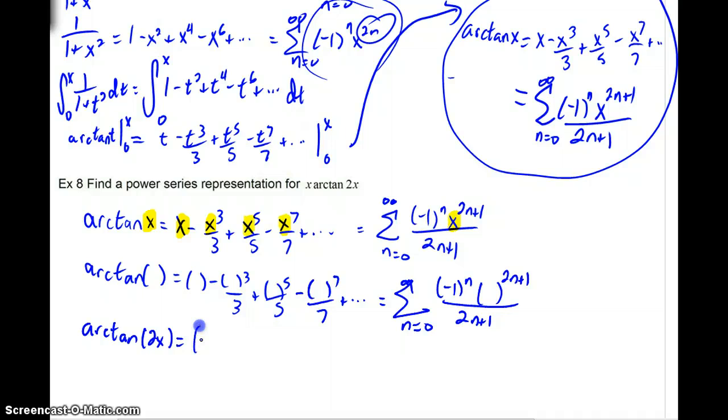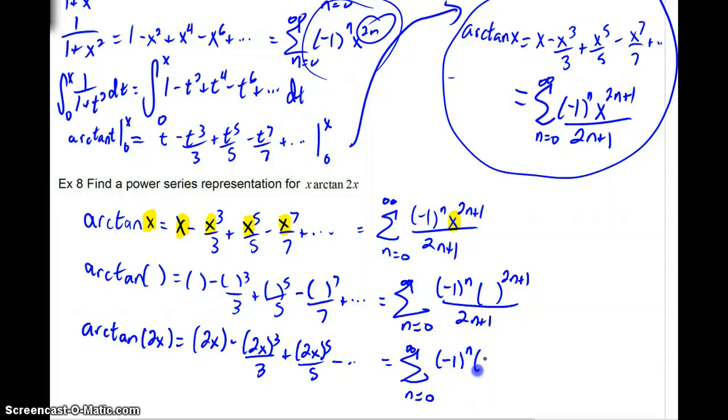Everywhere where we see a little blank here, we're going to put in a 2x, and very quickly we have a new series representation for this new form. And we'll say minus, etc. Over here in sigma, we go from n equals 0 up to infinity, negative 1 to the n, 2x to the 2n plus 1.